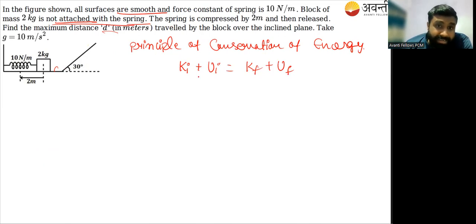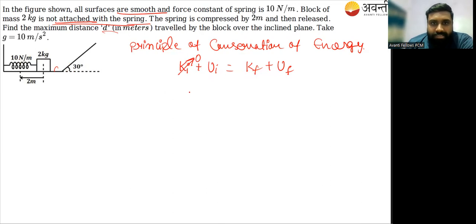Now, you cannot say that the initial kinetic energy and potential energy are 0 because they are at rest, because initially we take the situation when it is compressed.